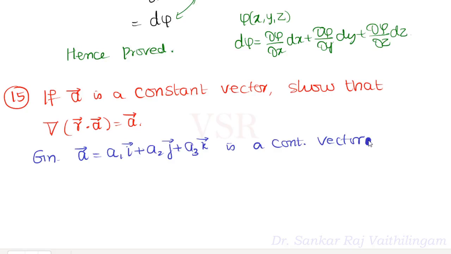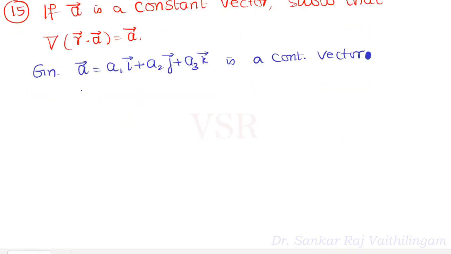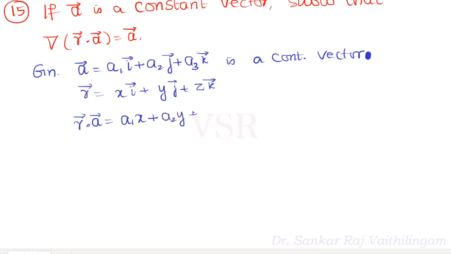What do I know about r vector? This is a position vector equal to x into i vector plus y into j vector plus z into k vector. Then r vector dot a vector, multiplying these two, is a1x plus a2y plus a3z.